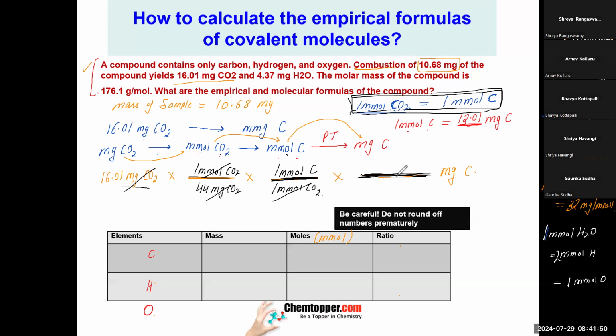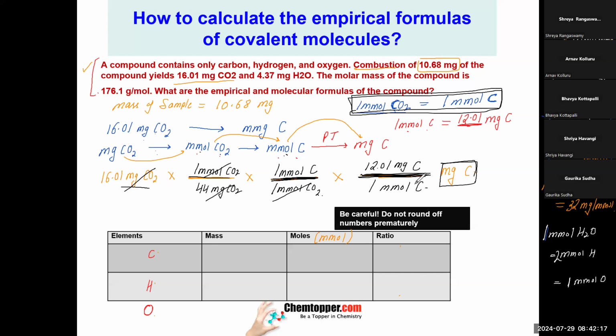Who is going to tell me the next ratio to get the milligrams of carbon? Yes, please type it here. 12.01 milligrams of carbon divided by 1 millimole of carbon. Now cancel the units.